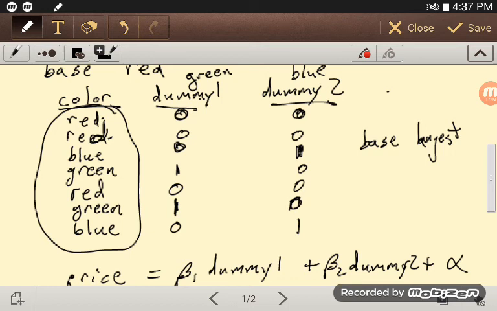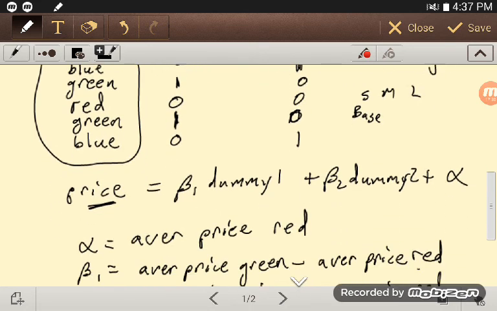But again, you have to be careful about those numerical variables because if you are going with a small, medium, large, well, is a large twice as big as a medium or something like that? Yeah, so you have to be a little careful there. But in those cases, suppose I had small, medium, large, I would probably use the small as the base just because that made sense.